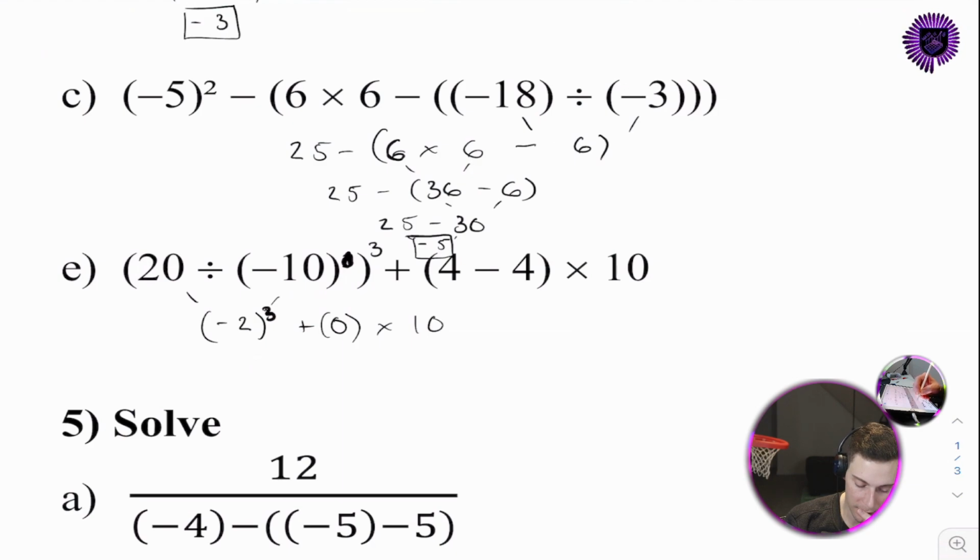This is going to be negative 8 plus 0 times 10. And then 0 times 10 is going to be 0. And then that's going to drop down, and negative 8 plus 0 is negative 8. Answer.